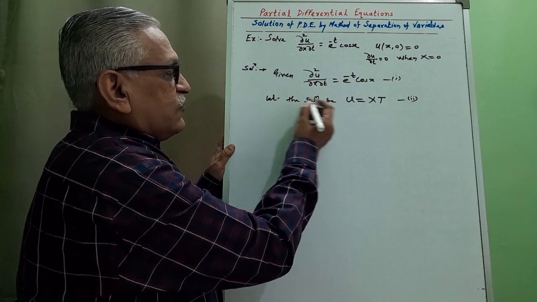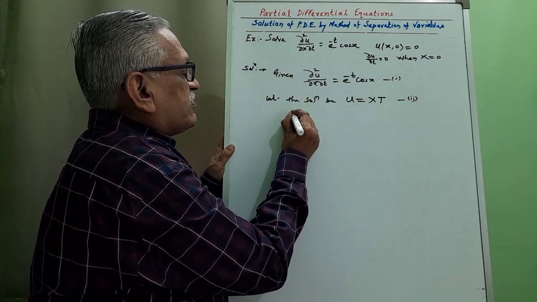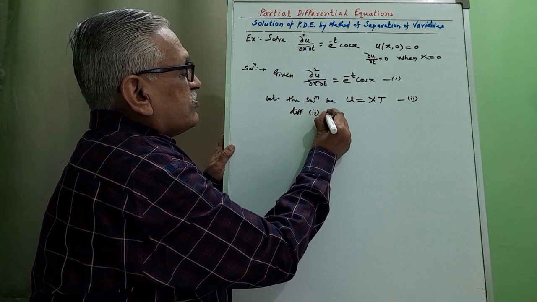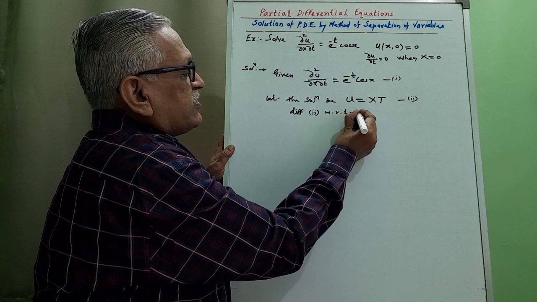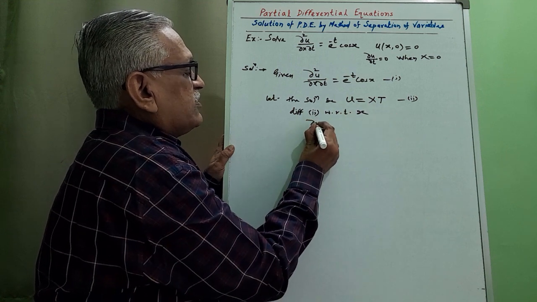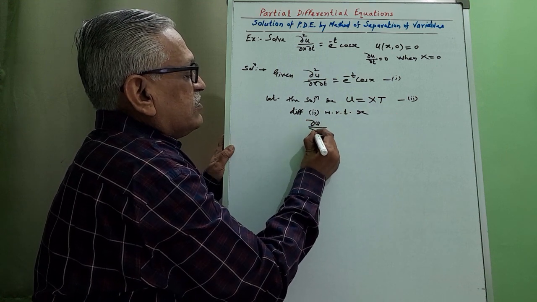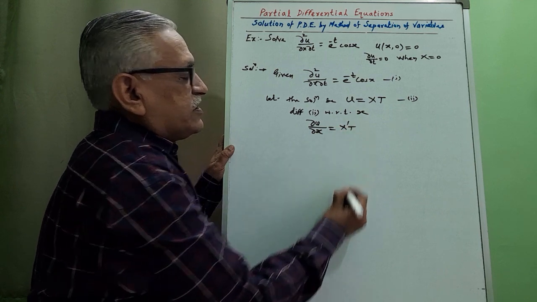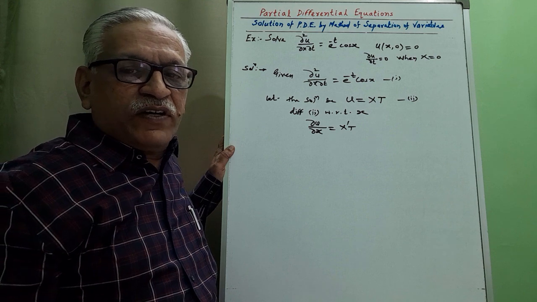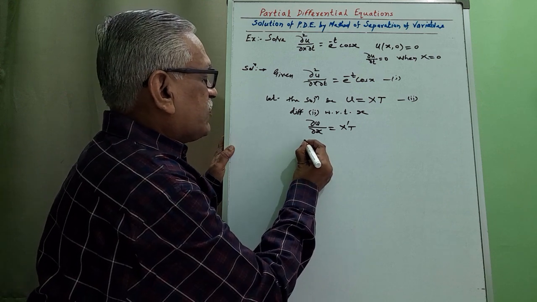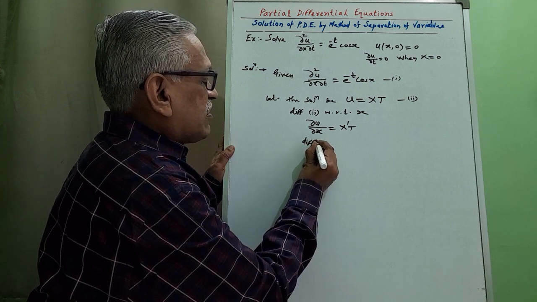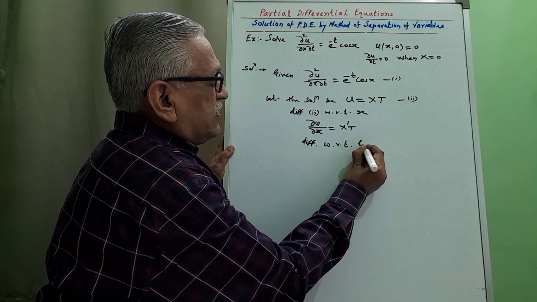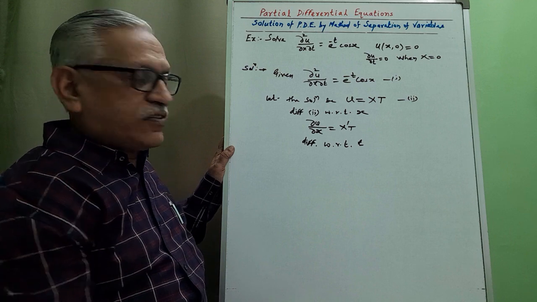Then differentiating it first with respect to x, keeping t constant, we get ∂u/∂x = X' T, with T constant outside and the derivative of X being X'. Then we differentiate this result with respect to t, keeping x constant.